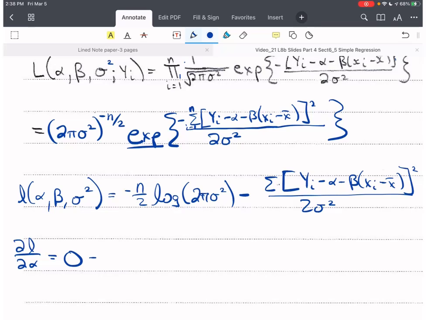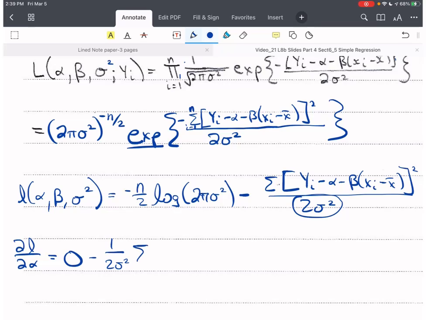Now, remember, I can rewrite this as negative 1 over 2 sigma squared times the sum of what's in here. I can pull this constant out because there's no alpha or beta here. Then the derivative of the sum is the sum of the derivatives.